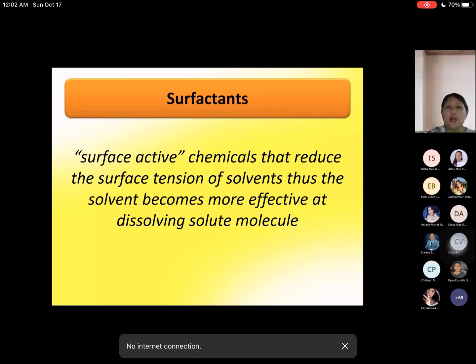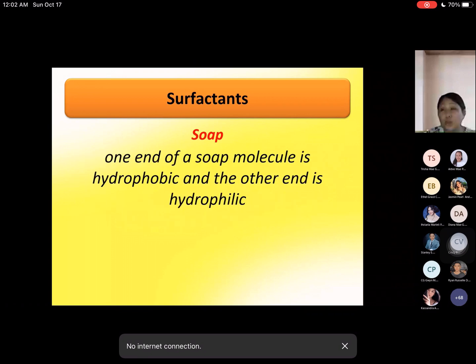So these surfactants are usually an example of what is in soap. The soap has one end of the molecule which is hydrophobic and the other end is hydrophilic.